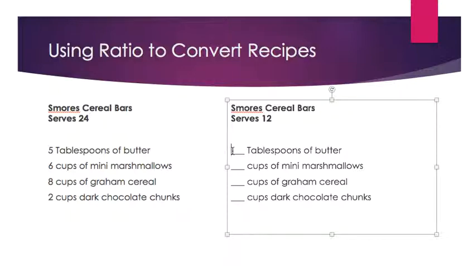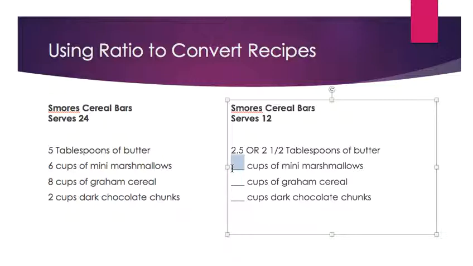So 24 divided by 2 is 12. 5 tablespoons of butter divided by 2, or half of 5 tablespoons of butter, would be about 2.5 or 2 1/2 tablespoons of butter for the recipe. I can write it as a fraction or a decimal.